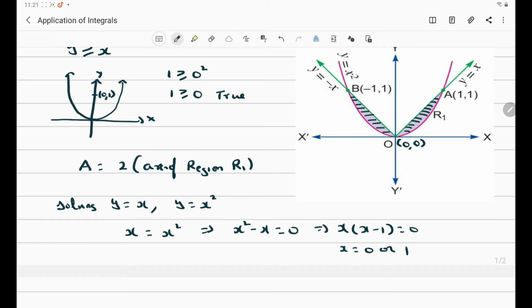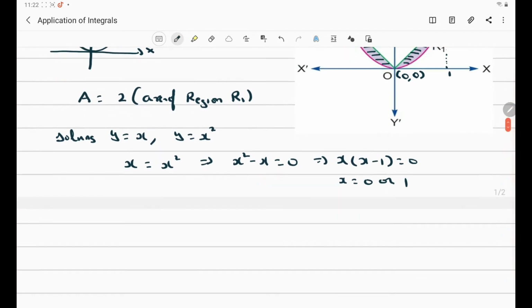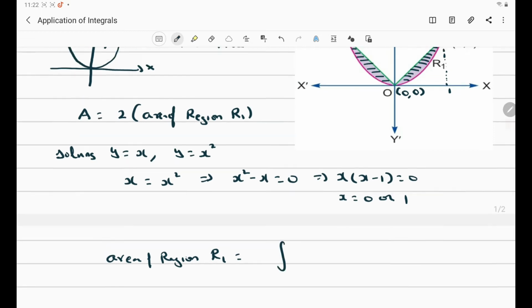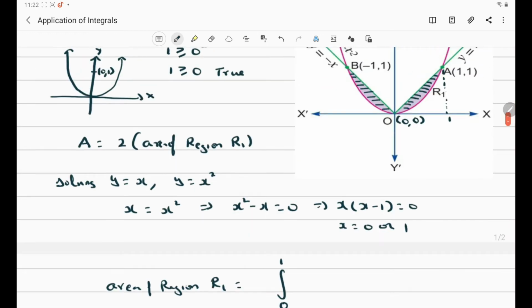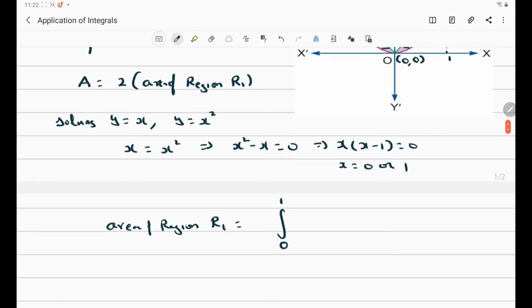Now if we want this area of the region R1, we drop a perpendicular from A, and this point's x coordinate is 1, and we can get this area as area of the region R1 is equal to integral from 0 to 1, we have to find y of the upper line, that is y of OA dx.